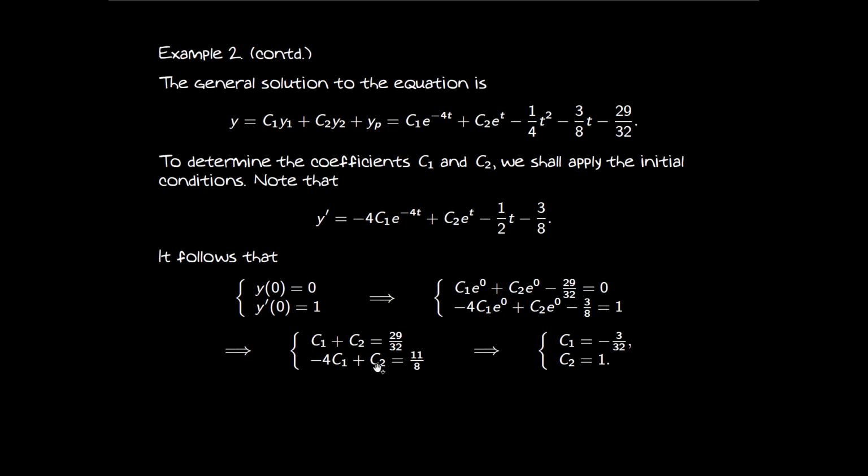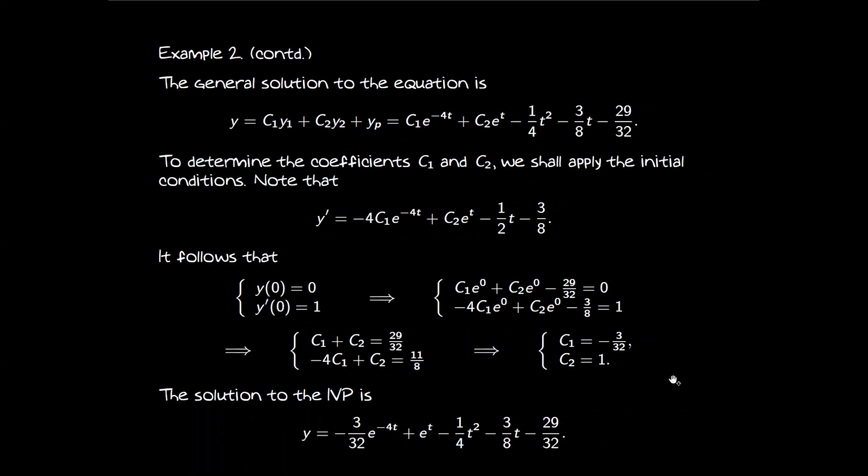So now divide by 5, you're going to get negative 3 over 32. And then plug this into, for example, the first equation. You can easily get your C2 is going to be 1. And finally, we can get the particular solution to the initial value problem as this. You simply plug your C1, C2 into the general solution.